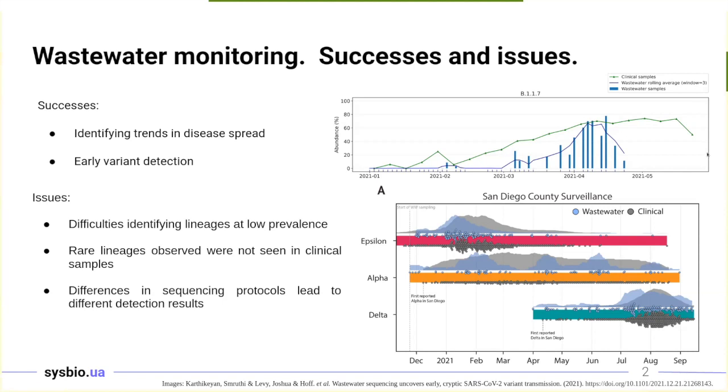For example, this graph is a history of measurements of abundance in sewer waters in San Diego. So we have a timeline and abundance percentage. We can see that there's a green line, which means clinical samples abundance, and a blue line, which is wastewater analysis results.